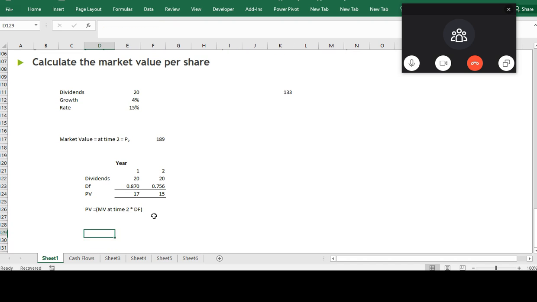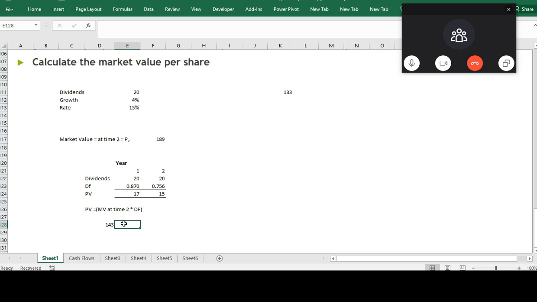So here now, we are going to have something like this. We are going to have 189 times, we discount it in year 2, which is 0.756, because that is in year 2. So you are going to have 143.